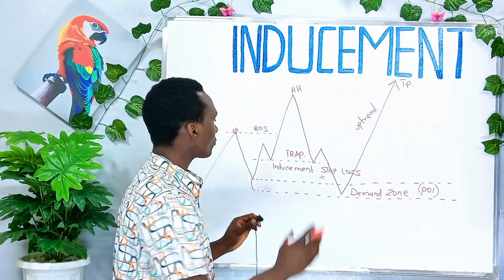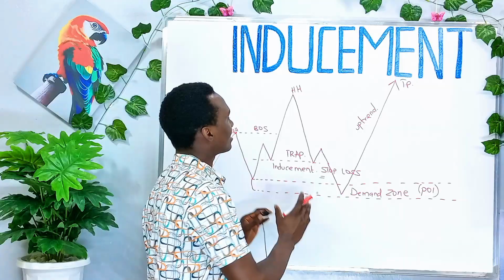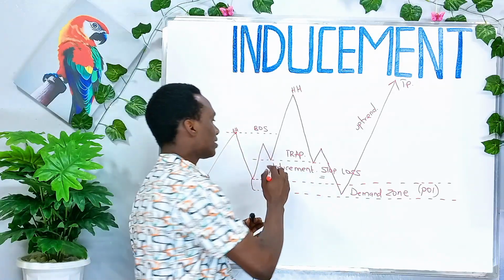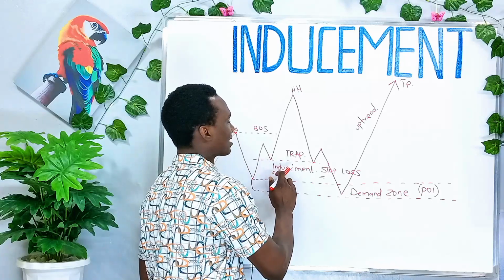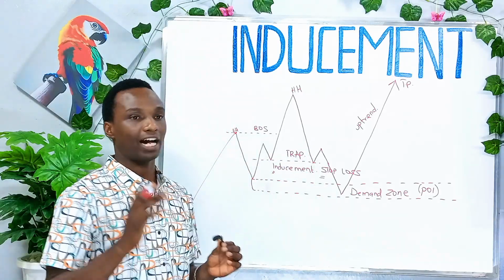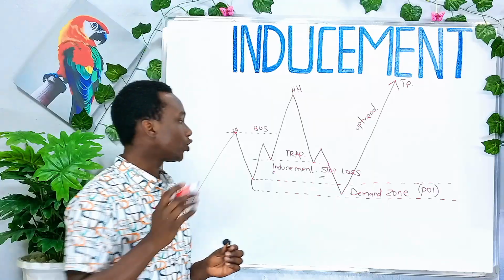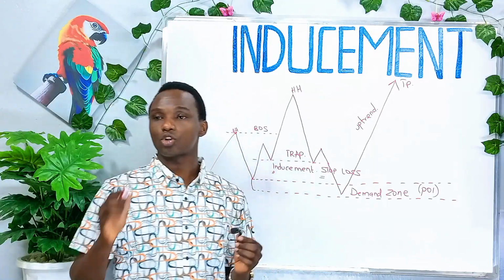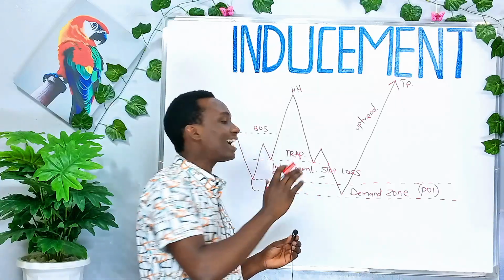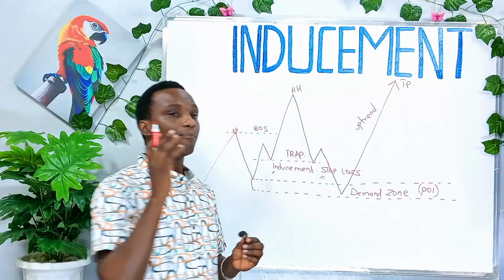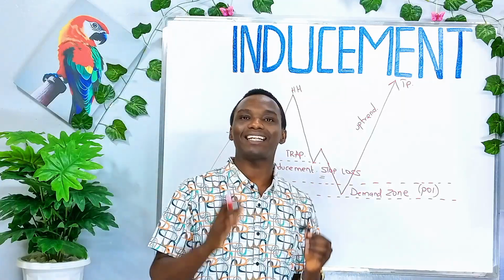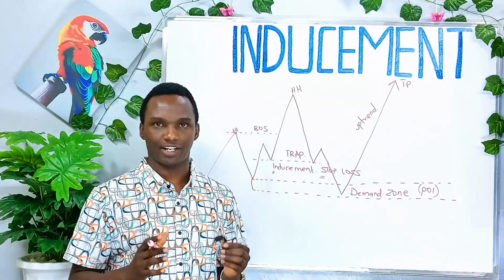All right, so basically this is the simplest concept of inducement. This is where the inducement has happened, and basically it is called a trap. Liquidity zones act as liquidity traps where large players manipulate the market to create a false sense of trend direction.